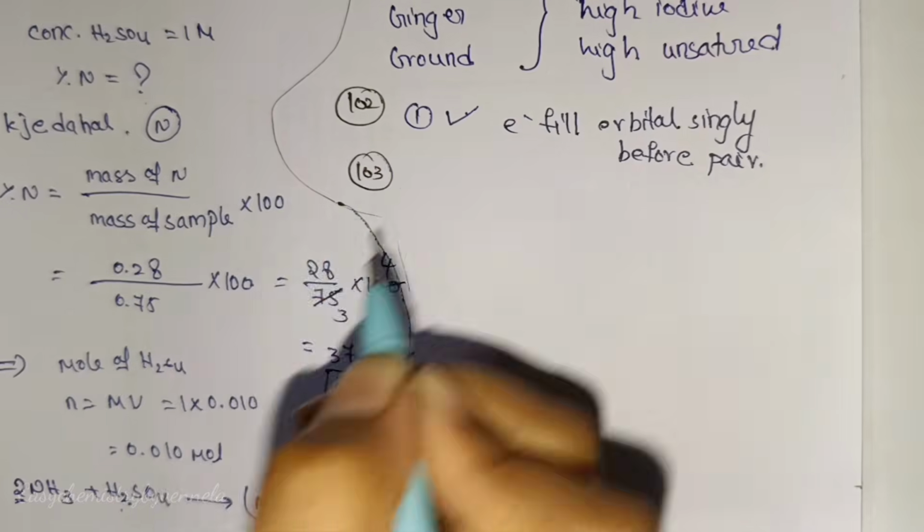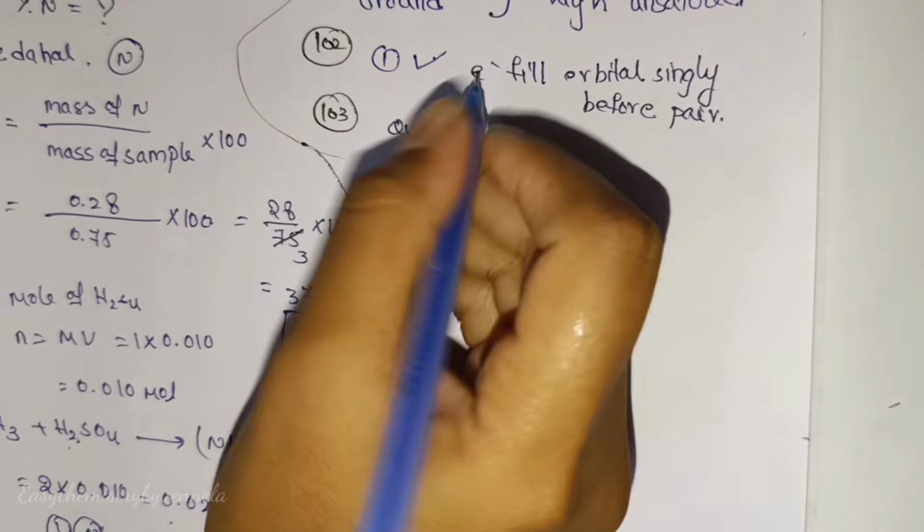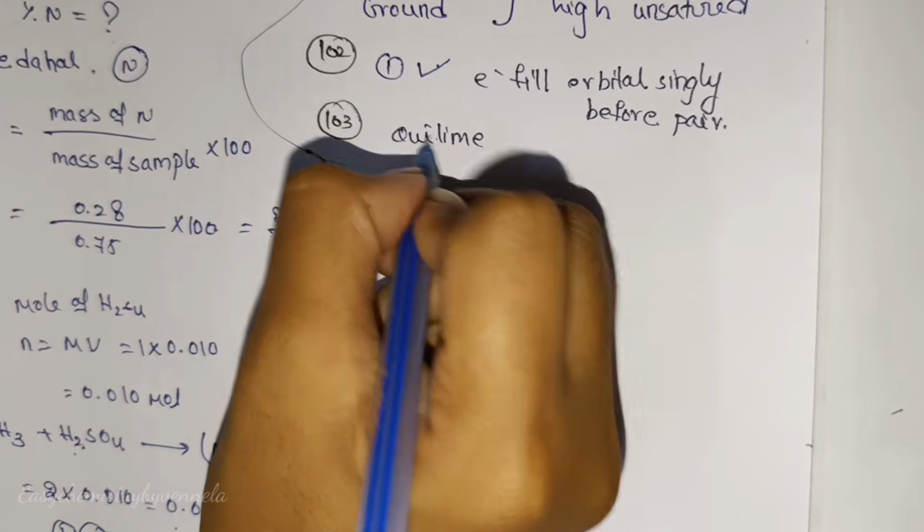Next question. Which one of the following when dissolved in water gives a hissing sound? Limestone, slaked lime, soda lime, quick lime. That is quick lime.